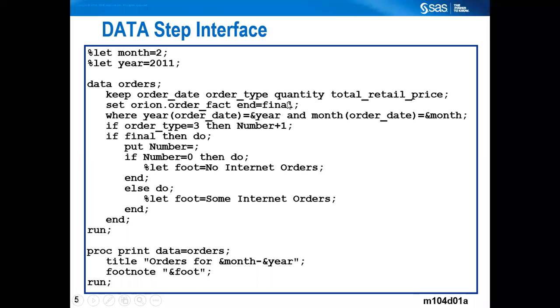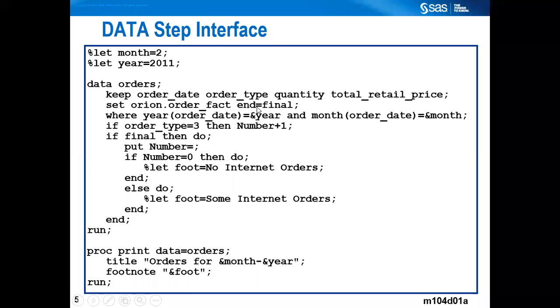This variable works as a flagging system to indicate whether the observation currently being processed is the last observation or a non-last observation. If the observation currently processing is the last observation from this data set, then the value for final will be 1. So it is a Boolean expression, 0 or 1. It's just an indicator which we are creating so that we can use it later in the program to tell whether the current observation is the last observation processed.